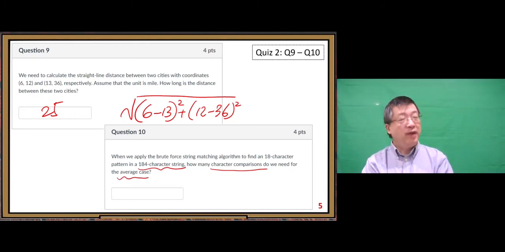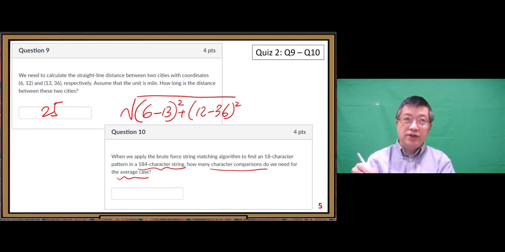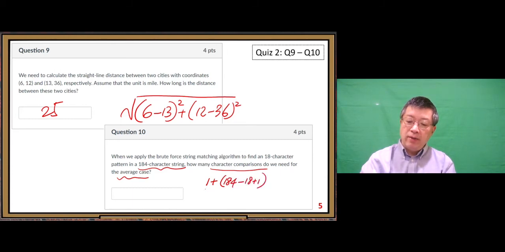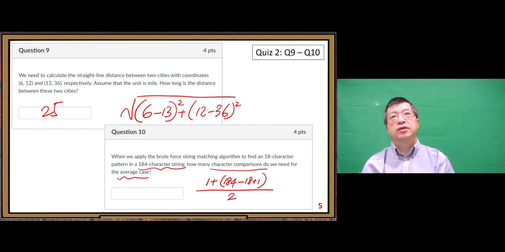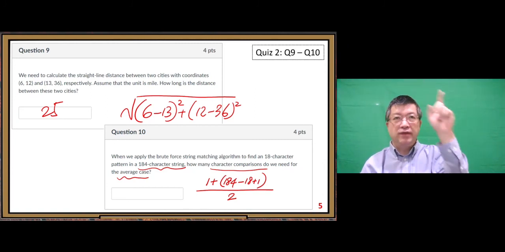The best case 1, the worst case 184 minus 18 plus 1. Average case is best plus the worst divided by 2.